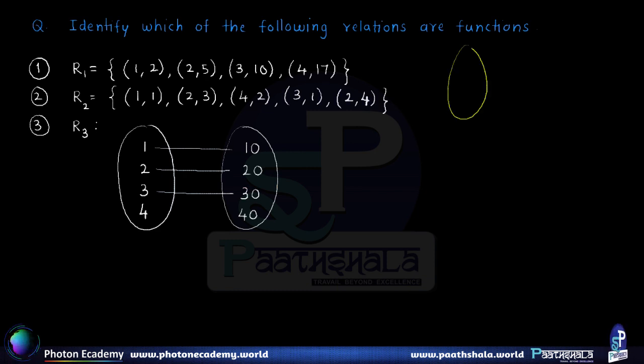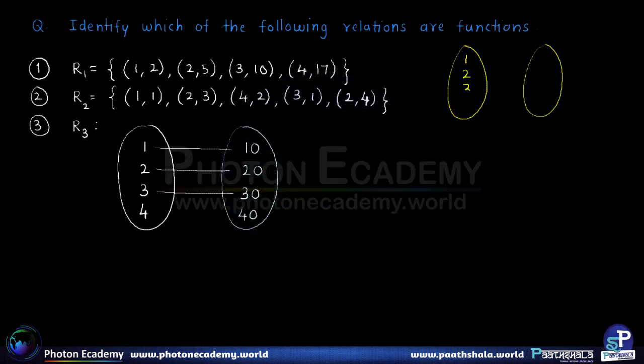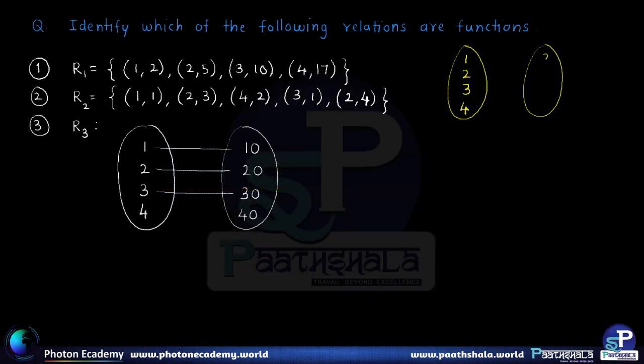Now suppose we want to depict this graphically. Here we have two sets. The first set contains the elements 1, 2, 3 and 4, because the first elements are 1, 2, 3 and 4. Alright. Now the second set will contain the elements 2, 5, 10 and 17.